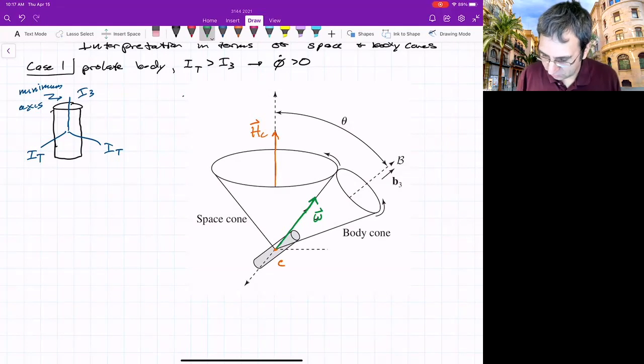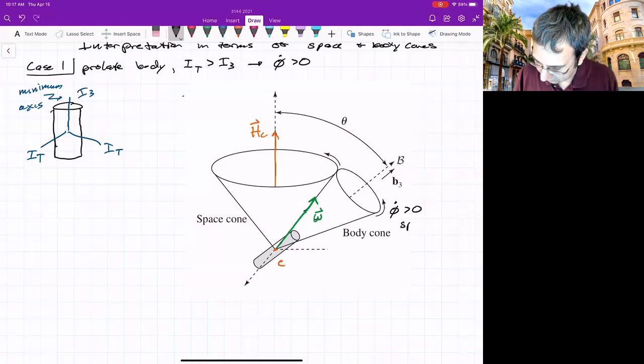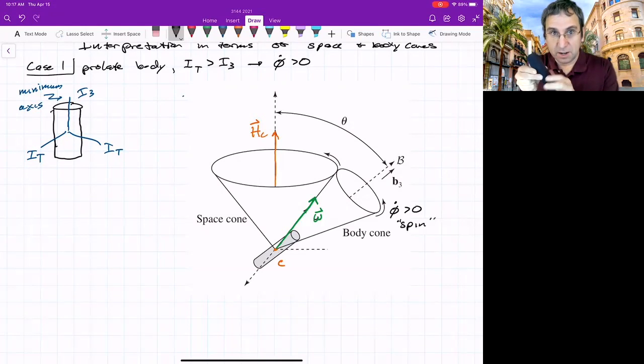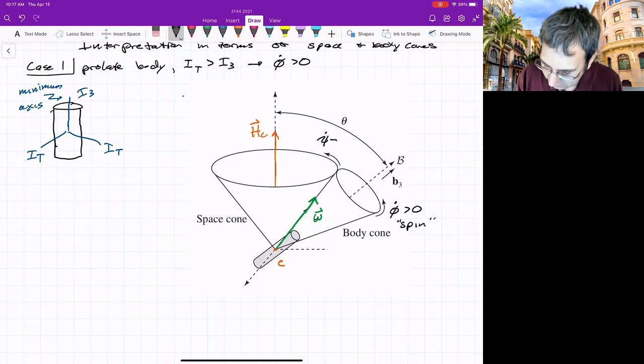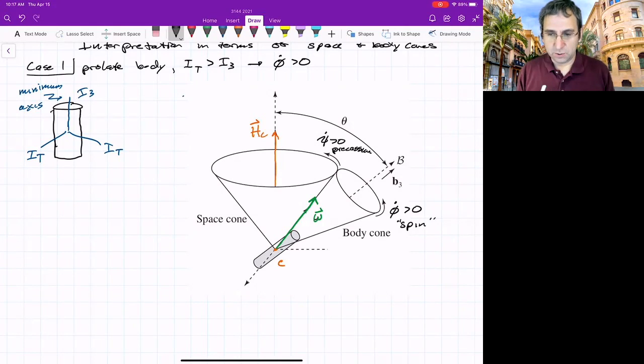So the body cone is spinning with this direction. This is phi dot greater than 0. Remember, that's the spin. It's kind of how is the body spinning? At the same time, this other motion, this is precession. And if you put the two together, the interpretation is that the cones are rolling without slipping along the contact line of this omega vector.